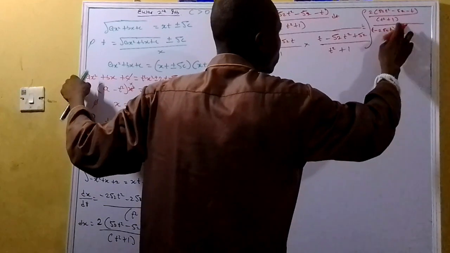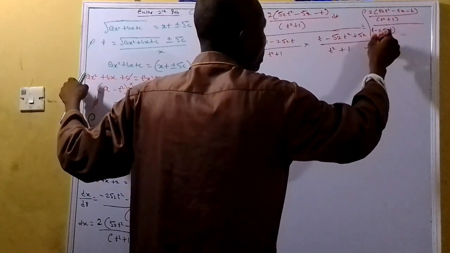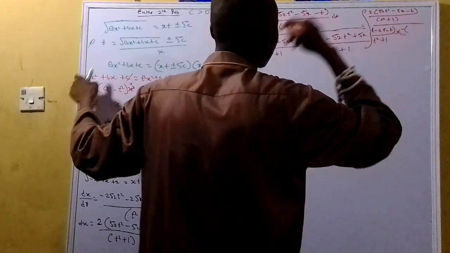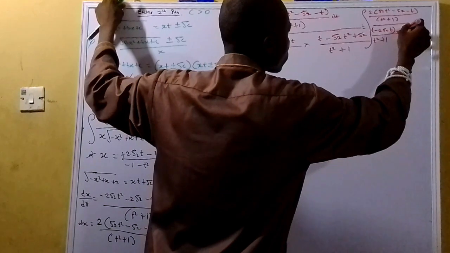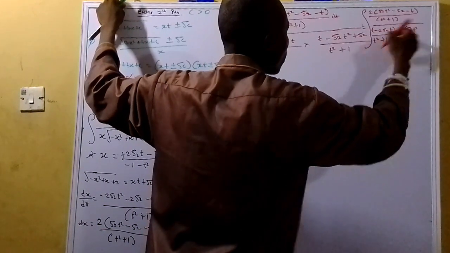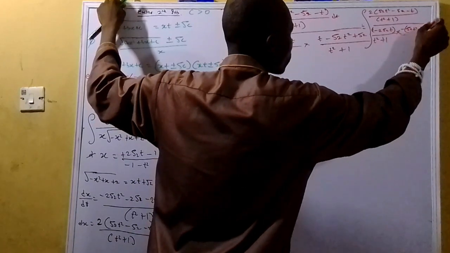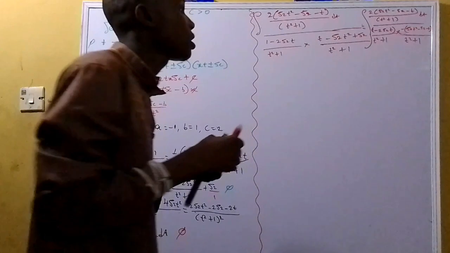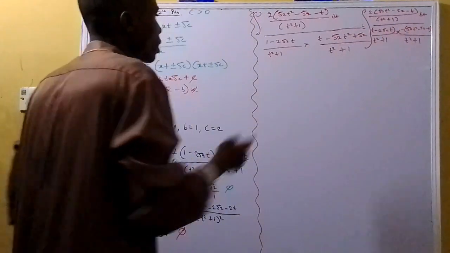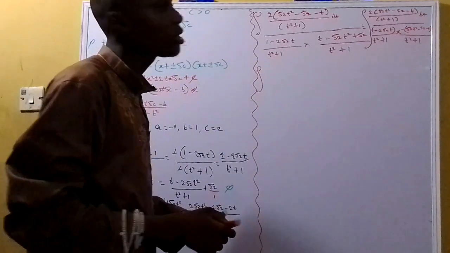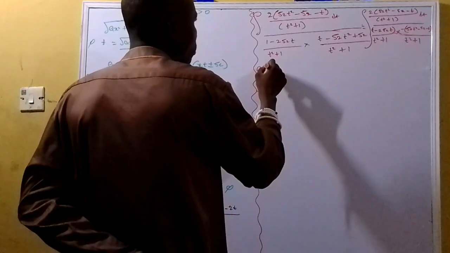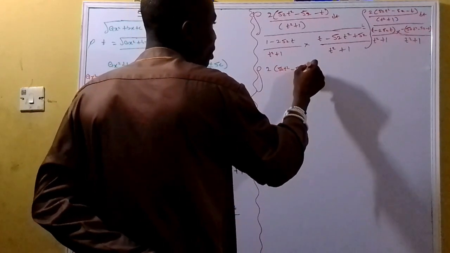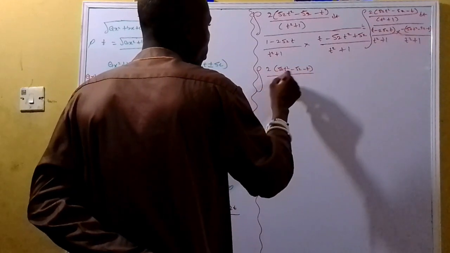Are you with me? Then brackets, let's even leave it safe to clarify it better, t squared plus 1 times, now if I'm to bring that minus here, you have minus into brackets, so you have root 2 t squared minus root 2, then minus t over t squared plus 1 over t. So as you can see, like I said, it looks more like this now. Then coming back to here, you'll be integrating this. You have your 2 into brackets root 2 t squared minus root 2 minus t over your t squared plus 1.